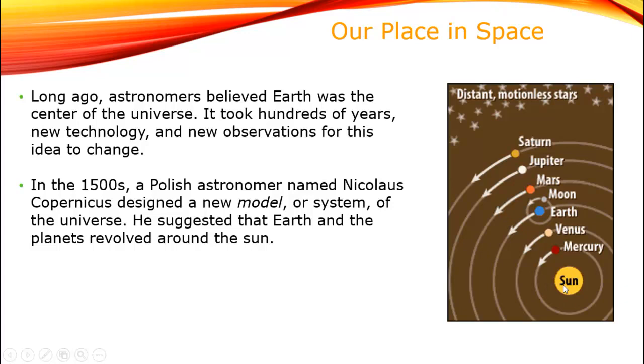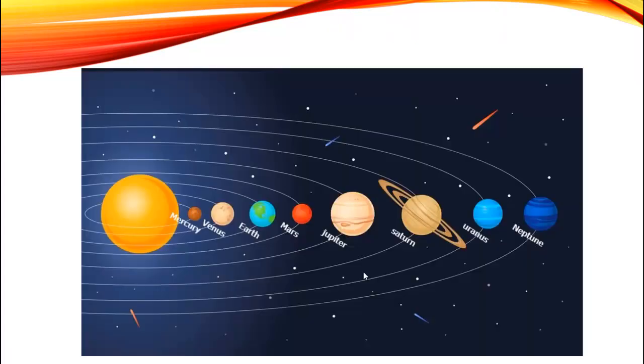He suggested that Earth and the planets revolve around the Sun. So this model is by Nicolaus Copernicus. But is this the correct model for the solar system that we have here? The Sun and the 8 planets revolve around the Sun on their orbits.